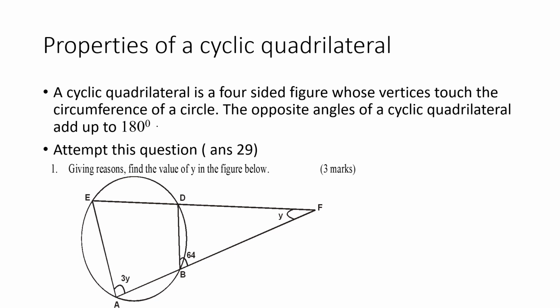So when you take 64 to the other side, you get 116. Then 4y is equal to 116. Divide 116 by 4. I think you get 29. You can check that. I hope it is clear. So that's how we use the properties of a cyclic quadrilateral. Opposite angles of a cyclic quadrilateral add up to 180.